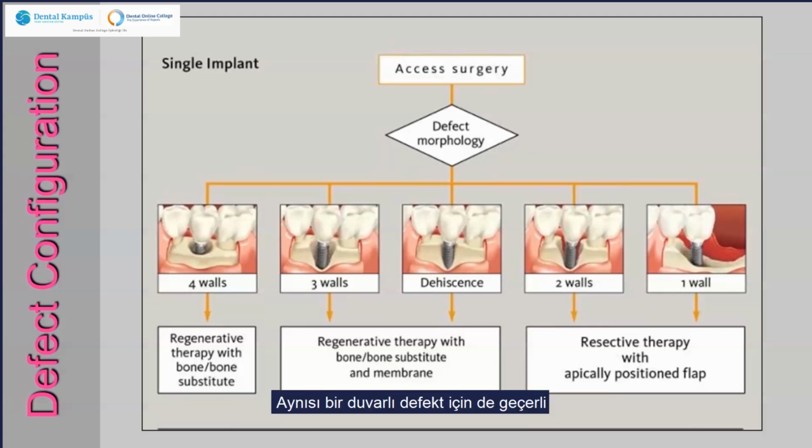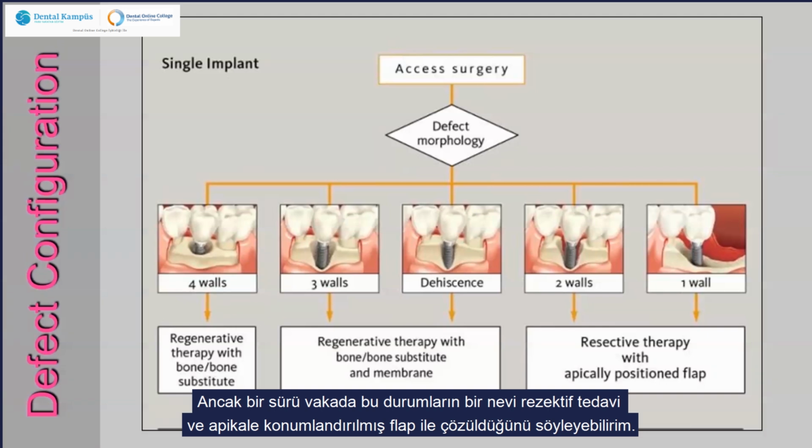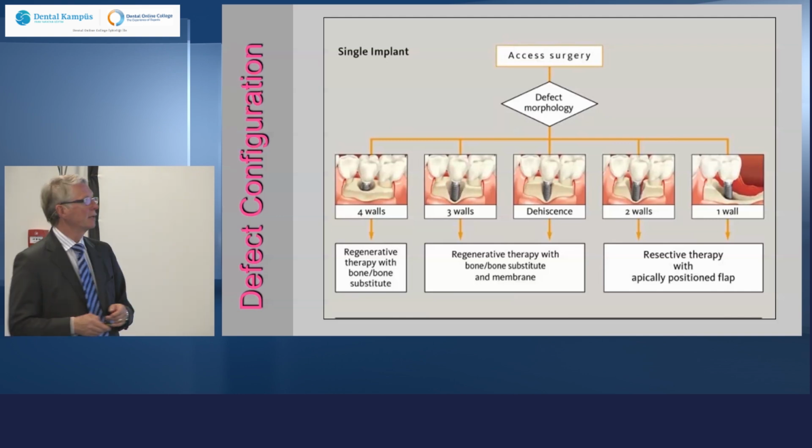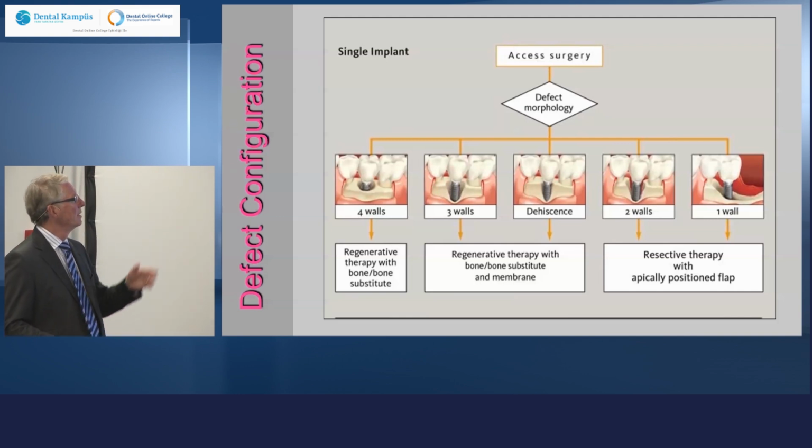The same goes for the one wall. But in most cases, I would say those will be done with some kind of resective therapy and apically positioned flap to handle it, to maneuver it.